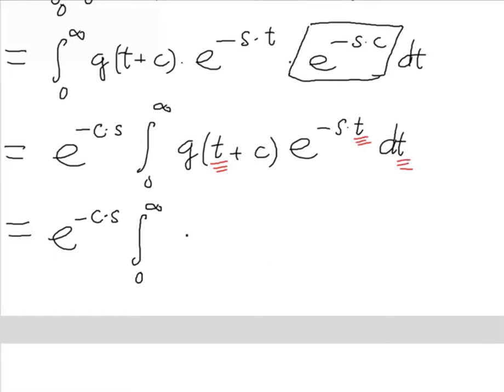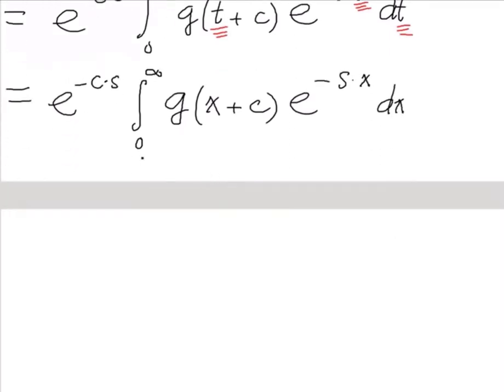So instead of t, we can go back to x: g of x plus c and e to the minus s times x dx here. Now it's clearer.